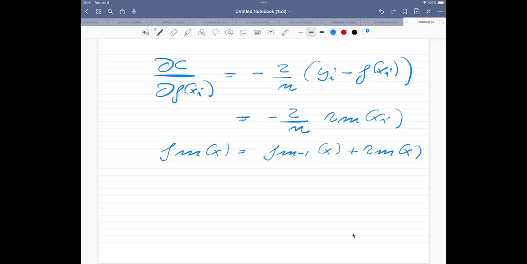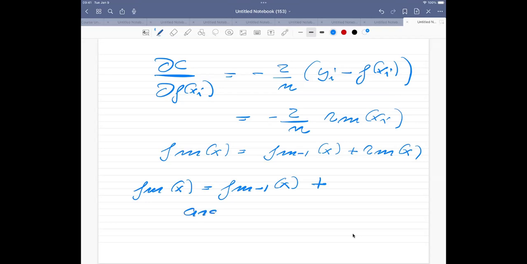And the gradient boosting, in a way, can be generalized to some kind of gradient descent, plugging in a different loss function and its gradient. So what we are setting up is essentially the following recipe. We have an f of m of x, which is equal to an f of m minus 1 of x, plus the function which we are optimizing.